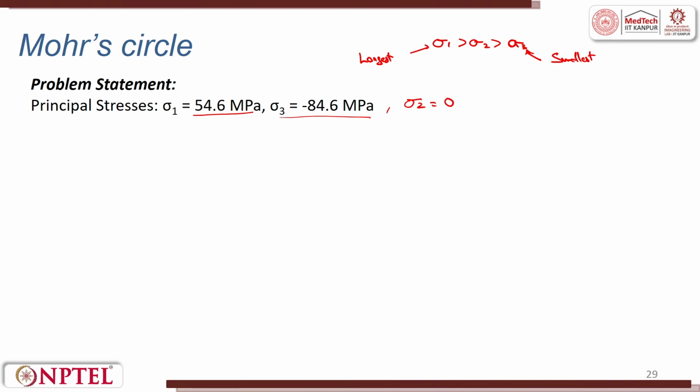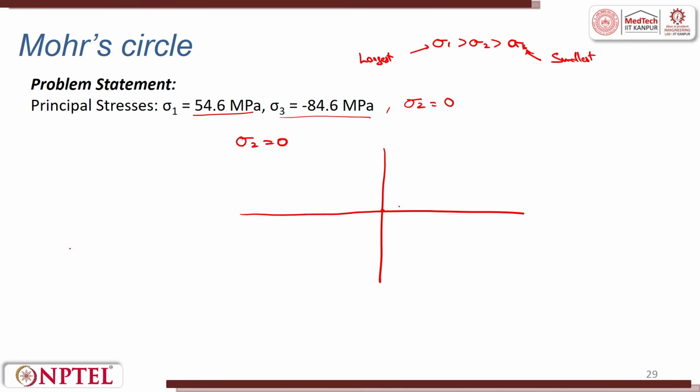So, here it is given sigma 1 is equal to this 54.6 megapascal, sigma 3 is equal to minus 84.6 megapascal, and sigma 2 is 0, let us say. So, now we can draw 3 Mohr circles with these values, and it could be something like this.